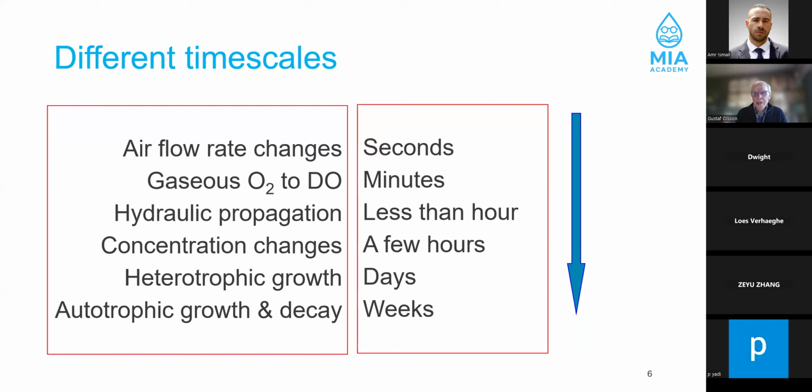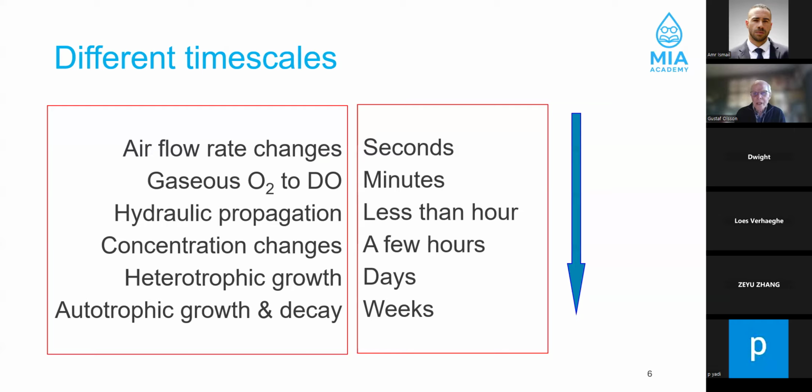Hydraulic propagation was not very much talked about. In other words, if you increase the speed of the influent flow pump, the flow rate will propagate. It takes maybe half an hour to 45 minutes in a large plant before you can see the increase of the flow at the end of the aerators. In other words, that kind of hydraulic propagation has to be considered in certain operational conditions.